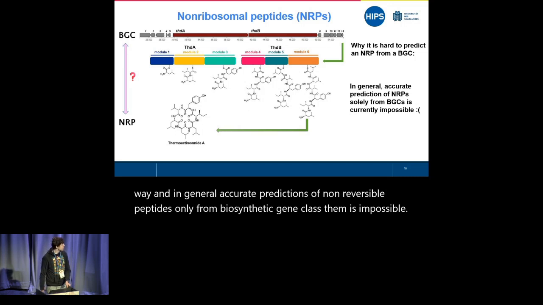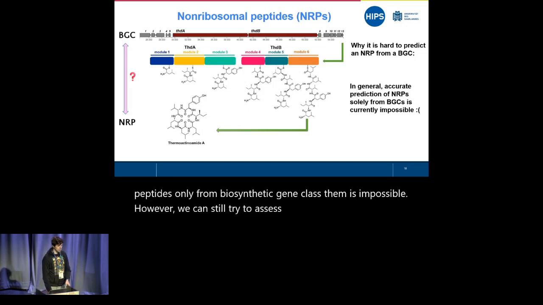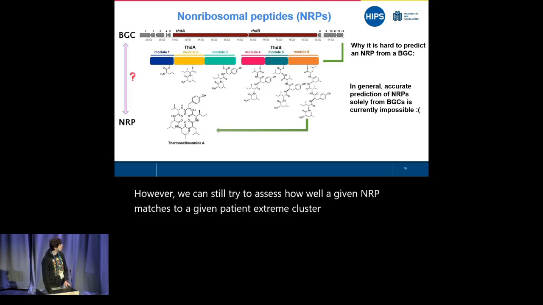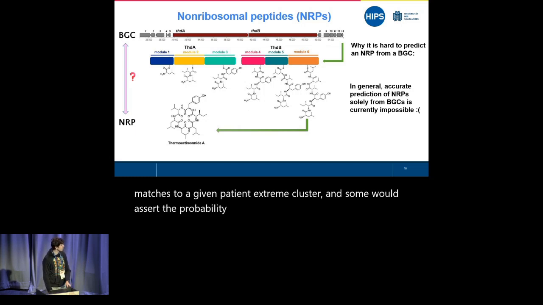However, we can still try to assess how well a given NRP matches a given biosynthetic gene cluster and somewhat assess the probability that this NRP was encoded by that BGC. And this is exactly the purpose of the tool.